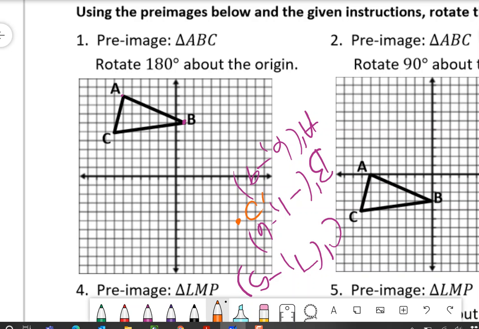That's C prime. B prime is at -1, -6, so 2, 4, 6. B prime. And then A prime is at 6, so this is 7, 6, and down 9. And this is down 5, 6, 7, 8, 9. A prime.